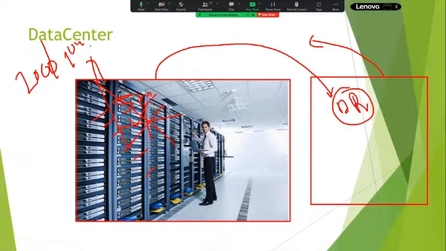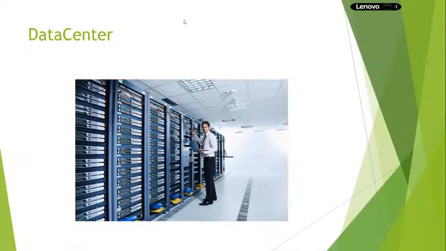Even though the World Trade Center was collapsed by terrorists, they haven't lost any data, only the physical damage of that building. That's it. In the same way, to keep our data safe and secure, we need to maintain disaster recovery.